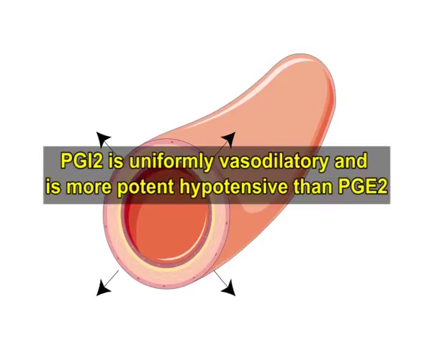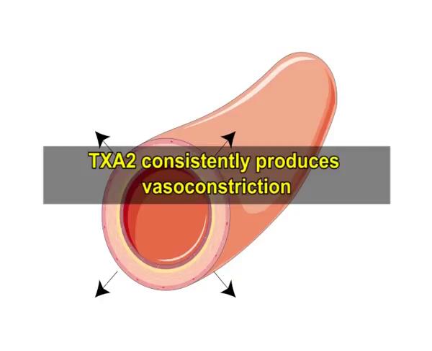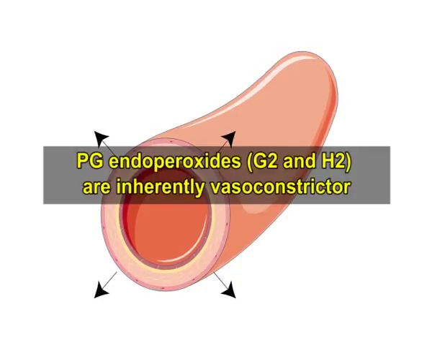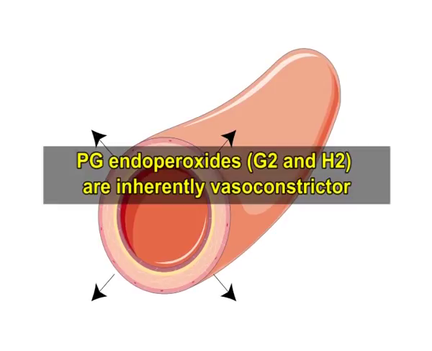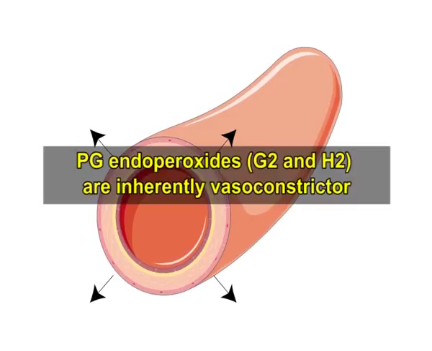PGI2 is uniformly vasodilator and is a more potent hypotensive than PGE2. Thromboxane A2 consistently produces vasoconstriction. PG endoperoxides G2 and H2 are inherently vasoconstrictor, but often produce vasodilation or a biphasic response due to rapid conversion to other prostaglandins, especially PGI2 in the blood vessels themselves.